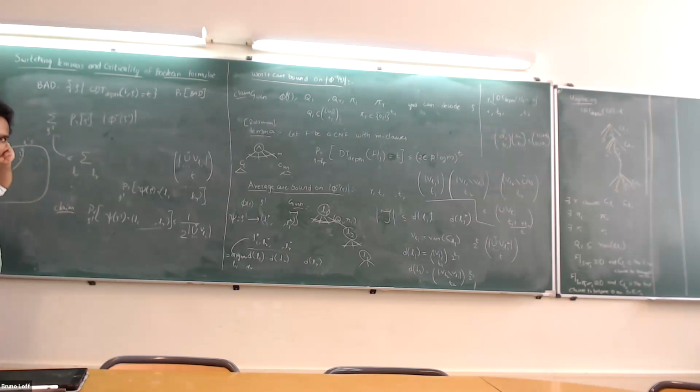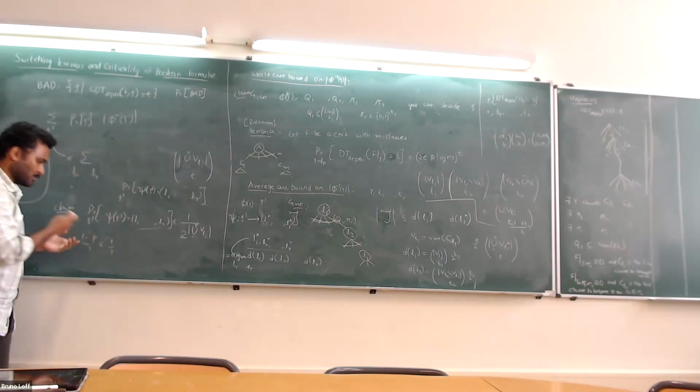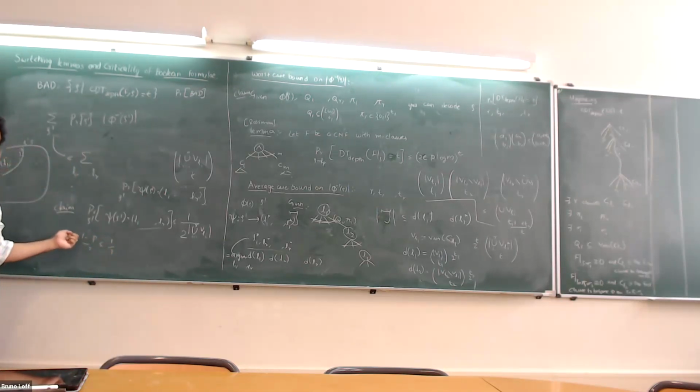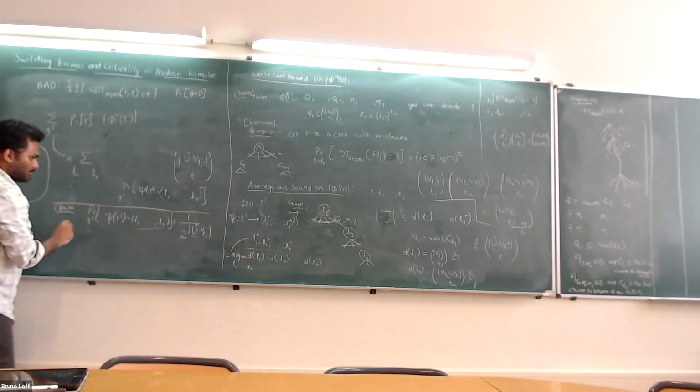No, let's say P is bigger than 3/4, is what I mean. Why? Sorry, you want 1 minus P over 2 to be less than that. That's always true. This is always less than 1. Oh, I see.